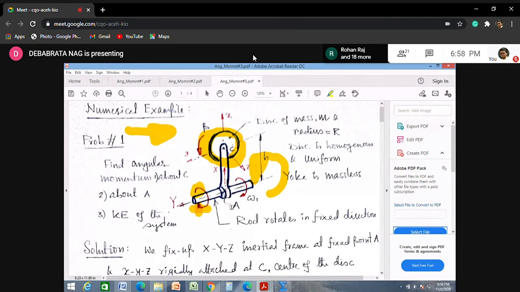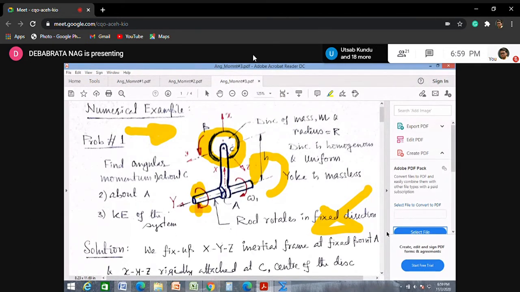But since it is not satisfying this condition, since I cannot mathematically show that this body is rotating about this point, I therefore cannot apply this angular momentum equation, and I have to invoke the more laborious, algebraically lengthy process of the transport theorem of momentum.